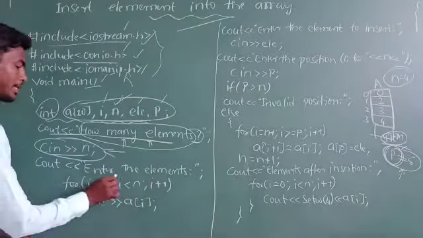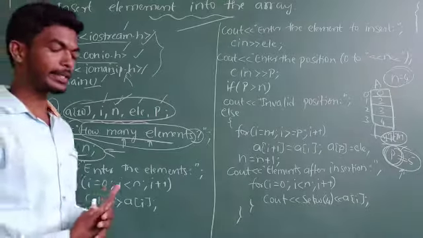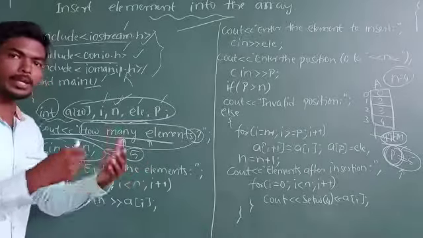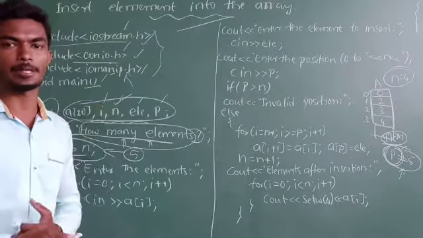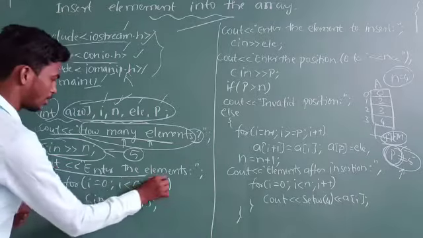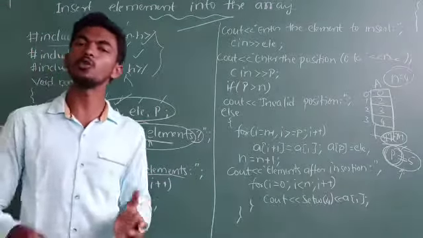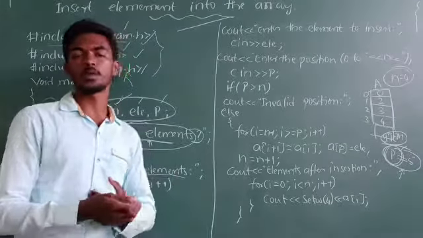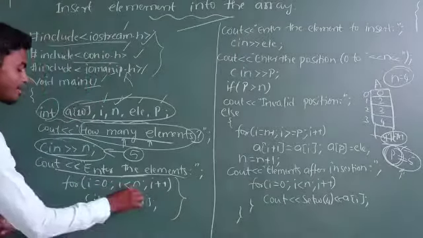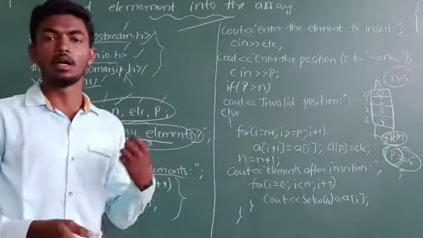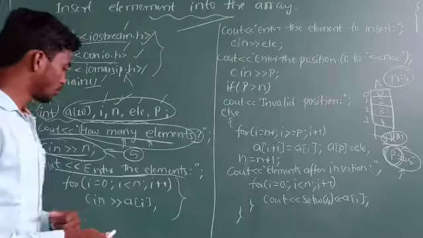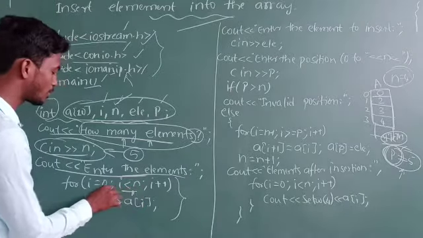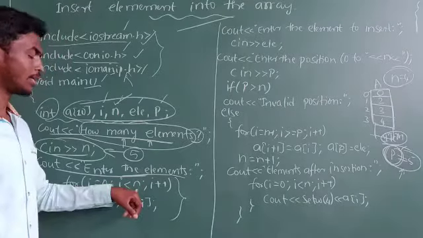Then enter the elements after entering the number of elements. For example, I will give it as 5. We need to enter 5 array elements of type integer. This is the statement that tells you to enter the elements. The mechanism for getting the elements into the computer is: for i = 0, i < n, i++, where the index starts from 0, so it is less than n.